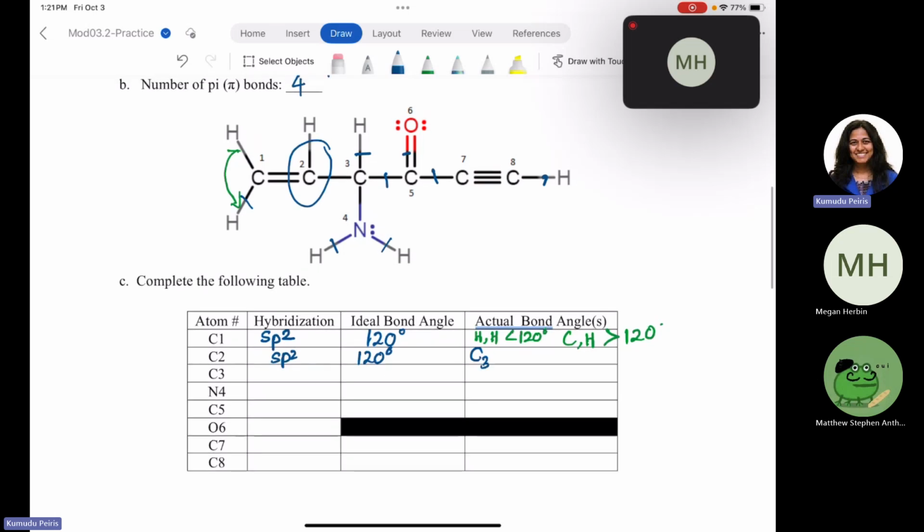I do not expect you to give the actual bond angles. I will not ask those actual bond angles for the exam. I will just ask the ideal bond angle.